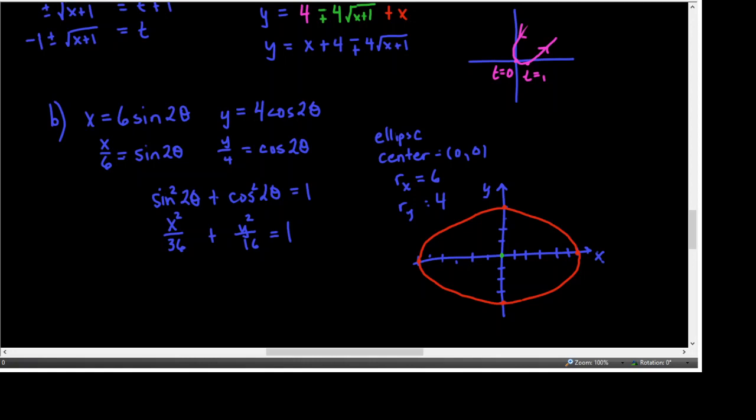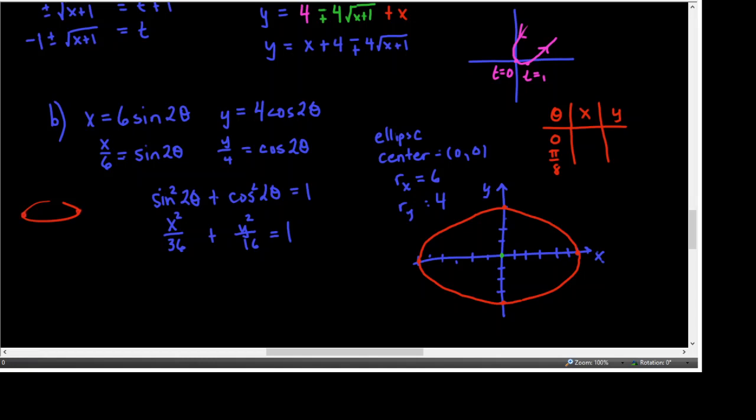Especially with the 2 theta in there, I'm a little bit nervous about picking thetas that are not extremely close to each other. So I'm going to pick some that are really close, like 0 and pi over 8. Because it's possible if I pick 0 and pi, let's just say that 0 and pi gave me points here for 0 and here for pi.